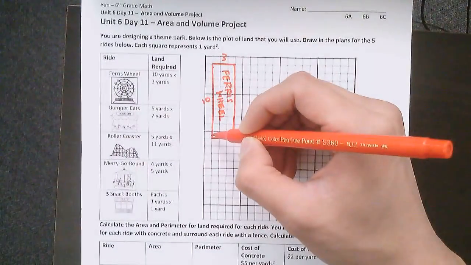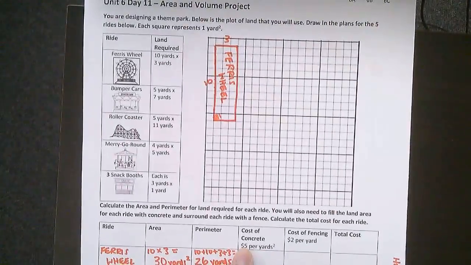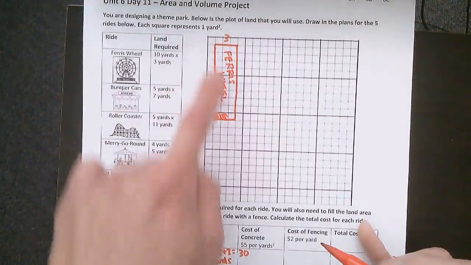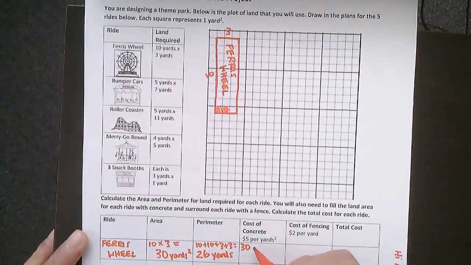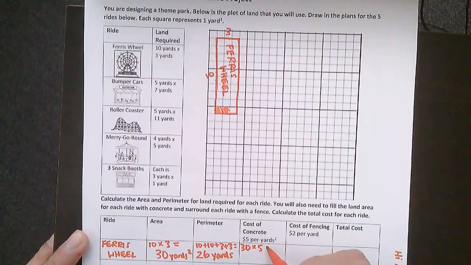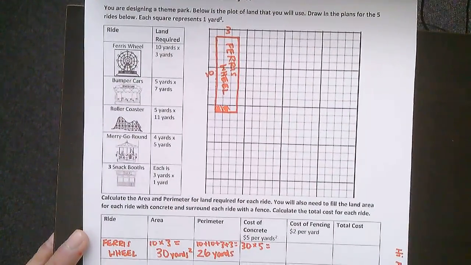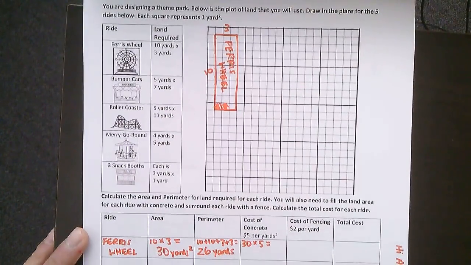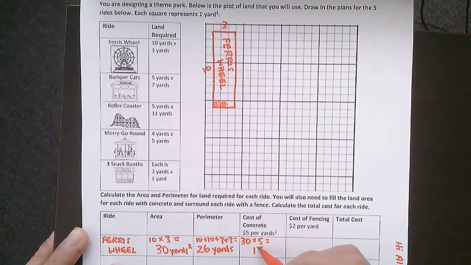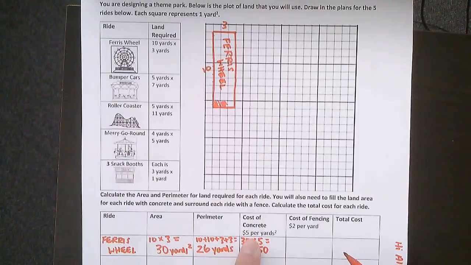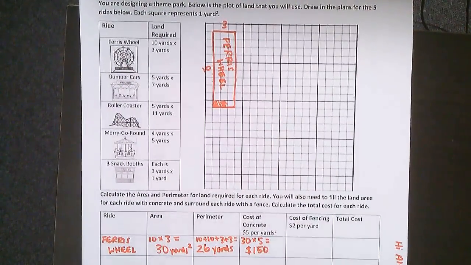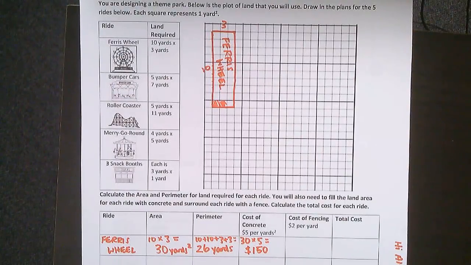So to fill in like 1 box, for example, that costs $5. To fill in another box, it costs another $5. So we filled in all 30 boxes, that would be 30 times 5, and it's 150, right? Because 3 times 5 is 15, add another 0, and it's in dollars, so my units are dollars. So it's $150 to fill that land with concrete.